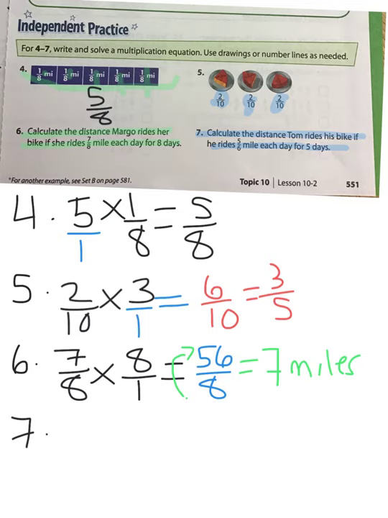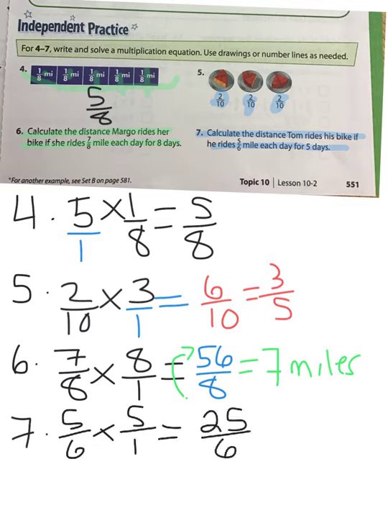So we have 5/6 times 5 over 1, 25 over 6. 6 goes into 25 4 times. Put your denominator. 6 times 4 is 24. 25 minus 24 is 1. So 4 1/6 miles. That says miles if you can't read it.